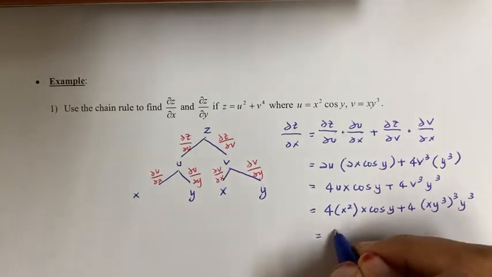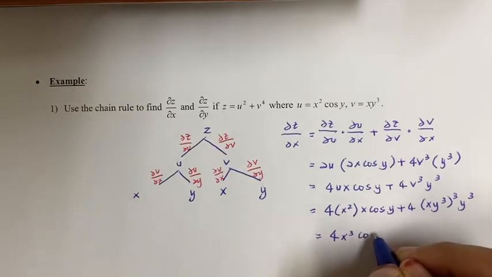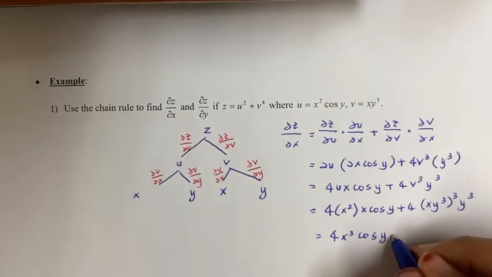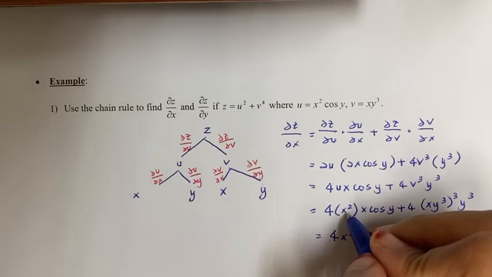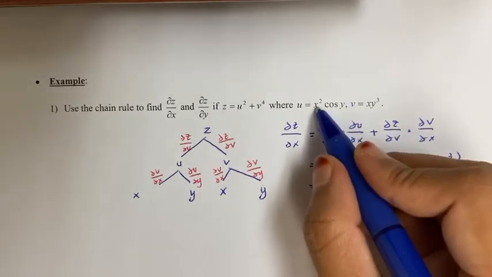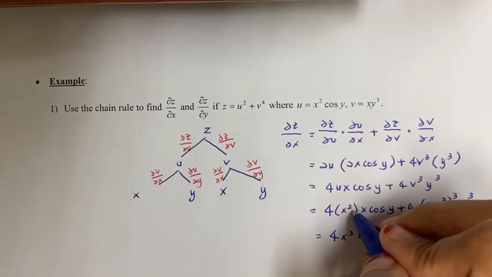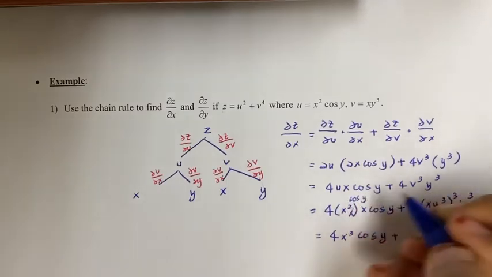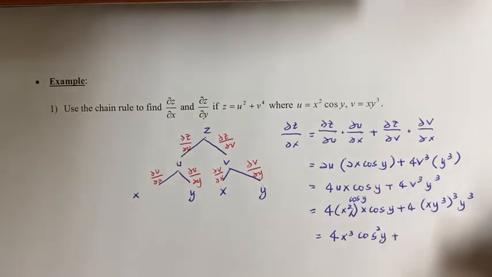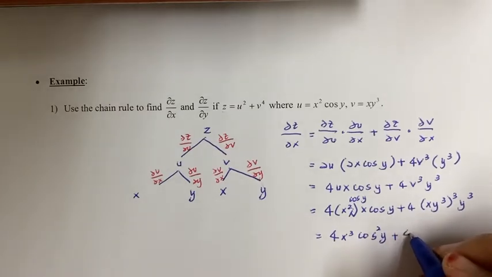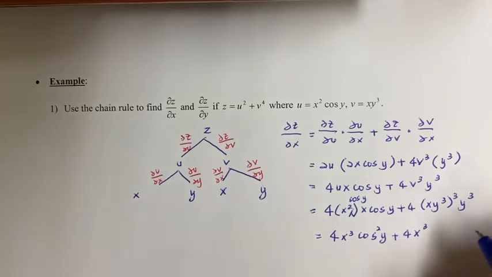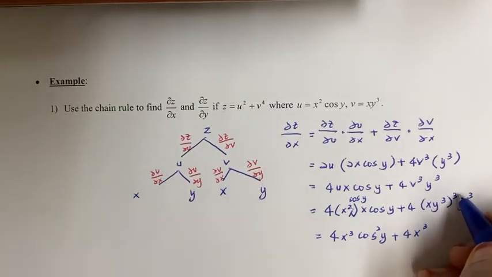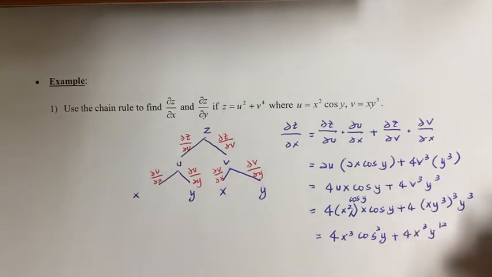Then this is equal to 4x cubed cos Y times cos Y, which is cos squared Y, plus 4 x cubed Y to the power of 9 multiplied by Y cubed, which gives Y to the power of 12.